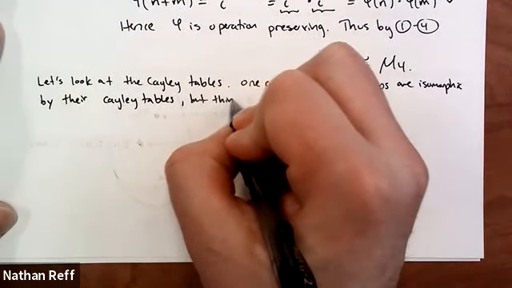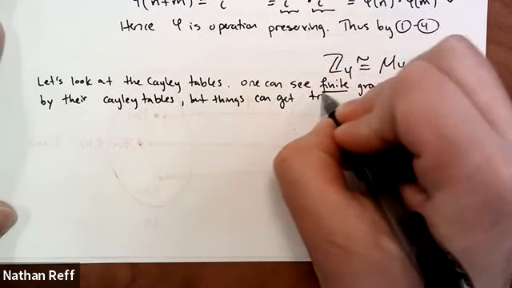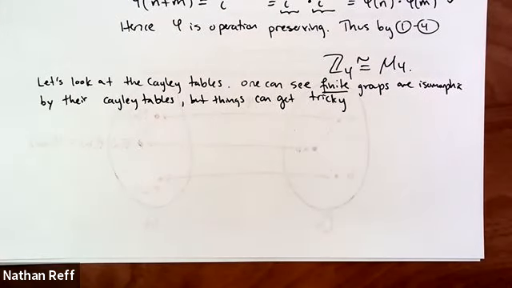Things can get tricky if you had to permute rows or columns and things like that.